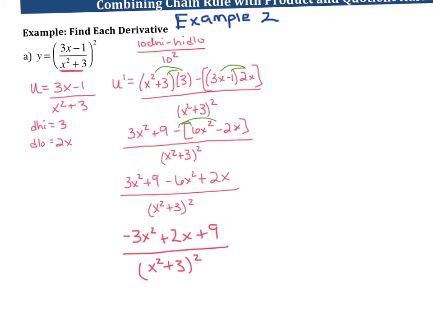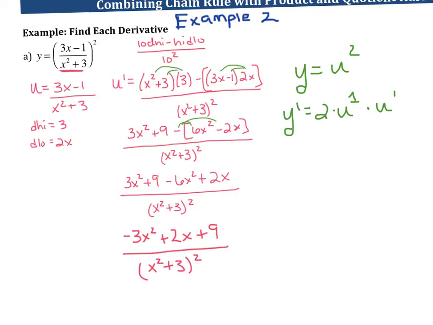Now looking at y equals u squared, I'm going to do the derivative and I'm going to use the general power rule. So y prime would equal 2 times u to the 1 times u prime. I make it actually look like a 1 so you know the difference between u prime and u to the first. So now I'm just going to substitute everything back in, take out my u's, and plug in what the actual function is.